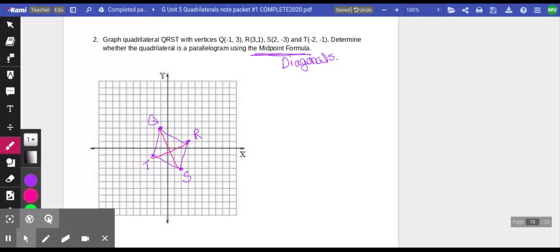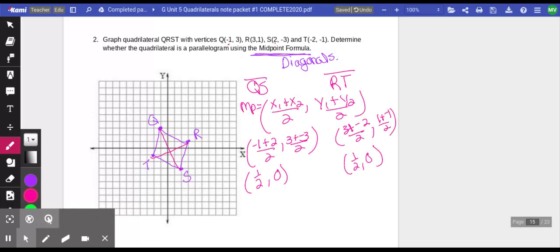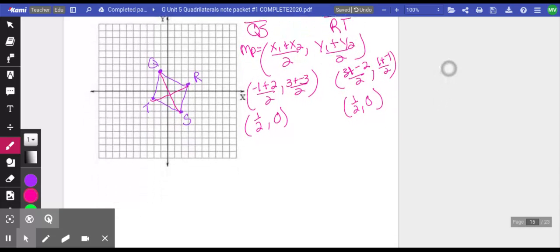So I wanted to give you a little hint. So I plotted my points. My diagonals are QS and RT. And I want to find the midpoint. Midpoint formula is above if you forgot. Okay, so hopefully you found your midpoints. My midpoint at QS is 1/2, 0, and my midpoint at RT is also 1/2, 0.